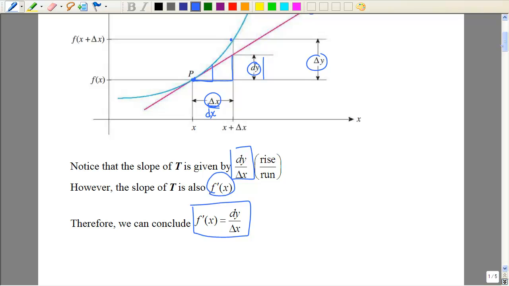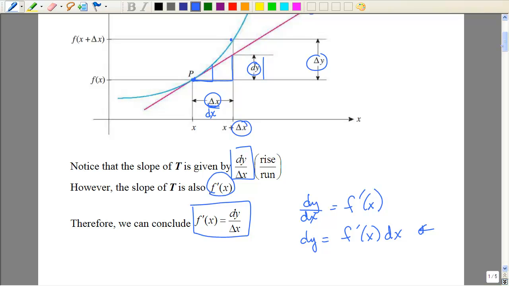So if I rewrite this and say dy over dx is the derivative, which we have seen before, and I multiply both sides by dx. Now remember, dx is the same as delta x, which means the change in the x values. Now, that's pretty much the definition of the derivative that we've been using so far.